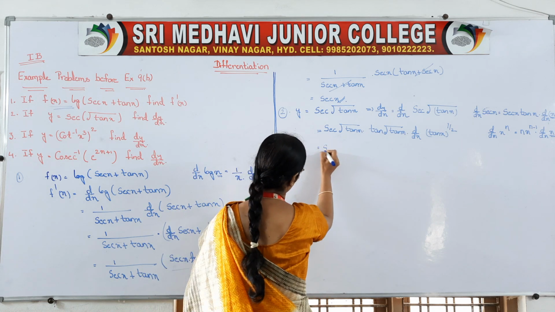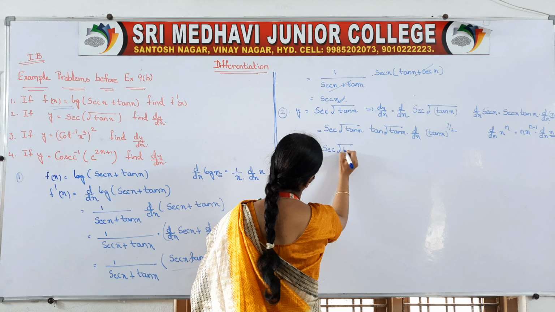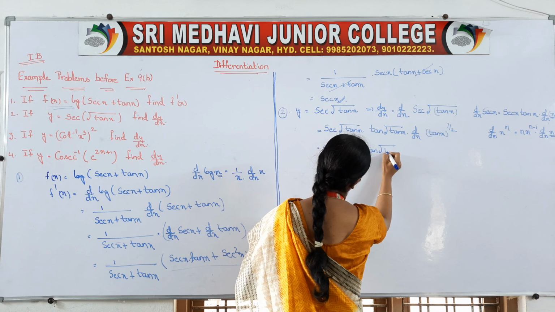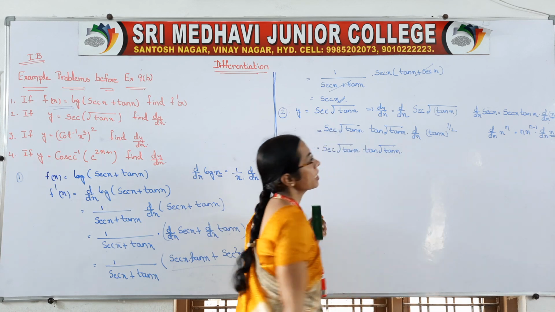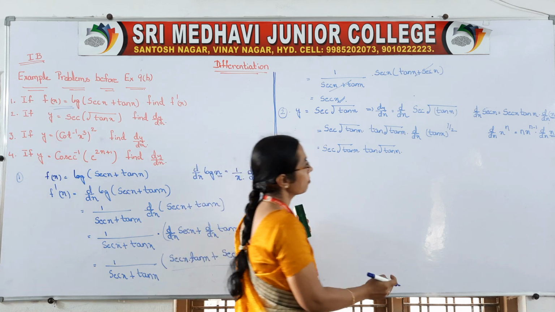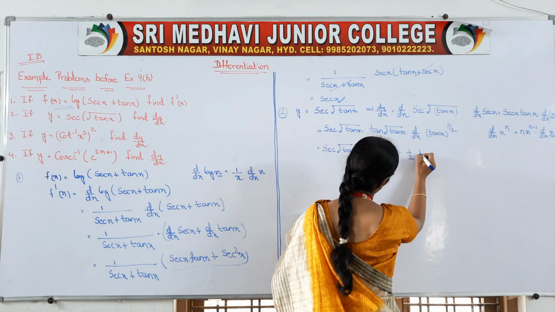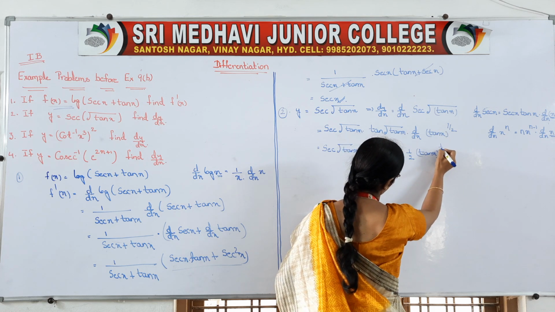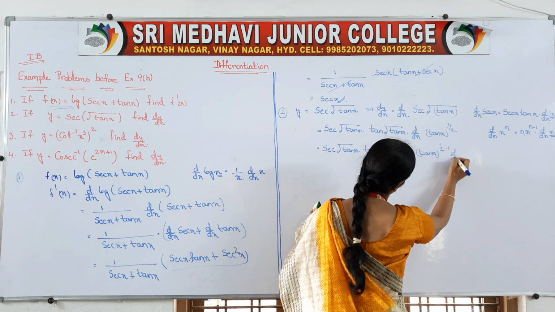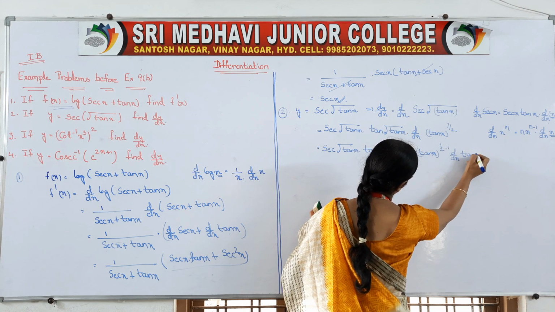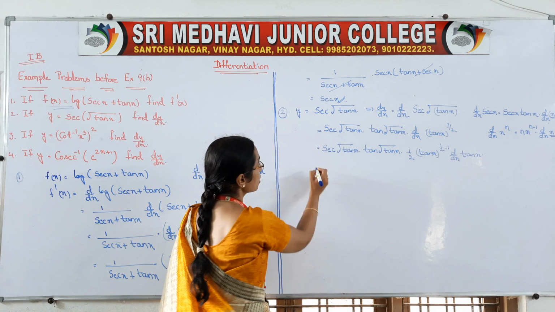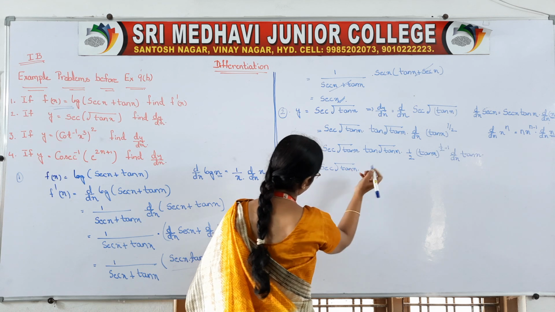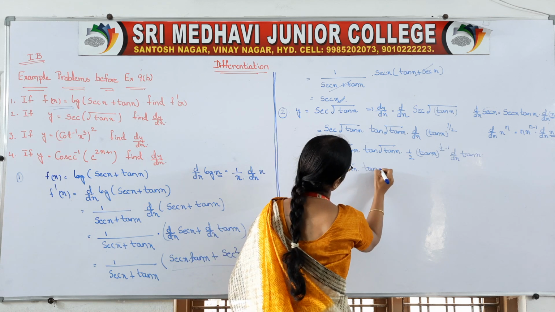So it is secant of root tan x into tan of root tan x, and d by dx of the power term will be 1 by 2 into tan x to the power of 1 by 2 minus 1 into d by dx of tan x.